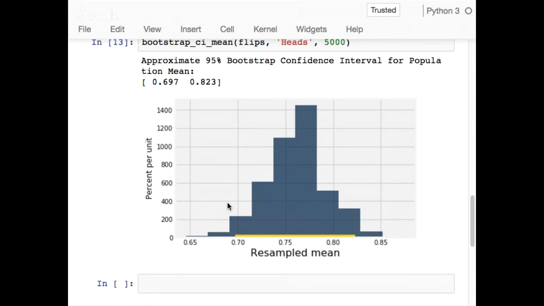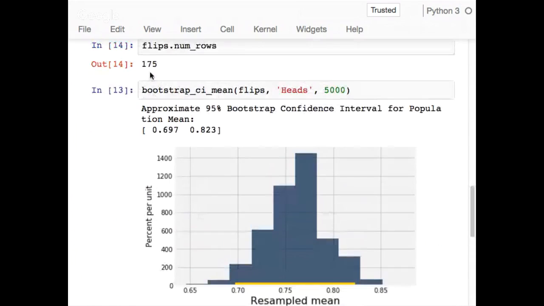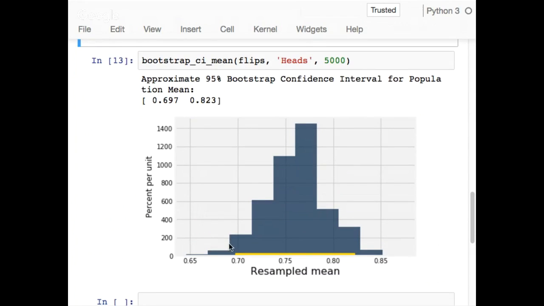If I thought the coin was fair and took a bunch of samples, because my sample size is 175, I'm going to get the same going up and then down curved shape as when I bootstrap my sample and get the distribution that way. So the variation here and when I do the normal hypothesis test is the same. That's why I can use either one to do a hypothesis test.